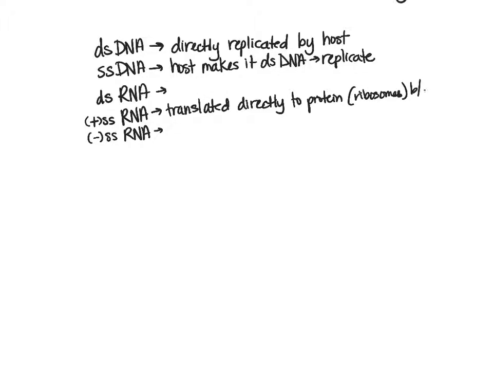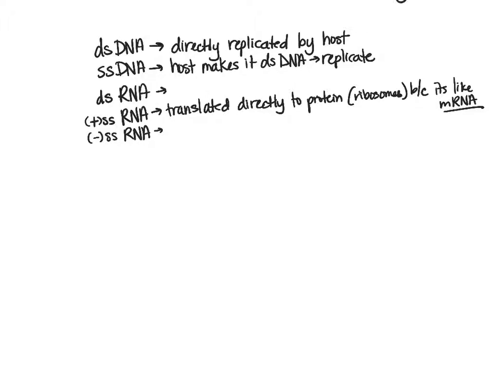And that is because it's like mRNA. So our cells, animal cells, see the positive single-strand RNA. So positive single-strand RNA is the correct strand. It's the strand that contains the information to make a particular protein.